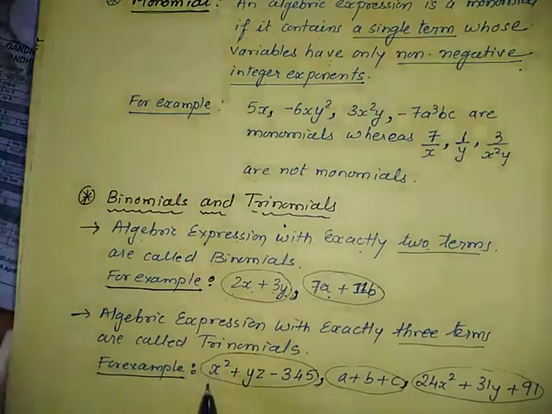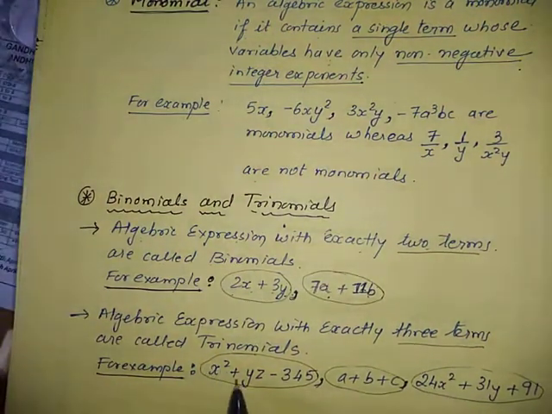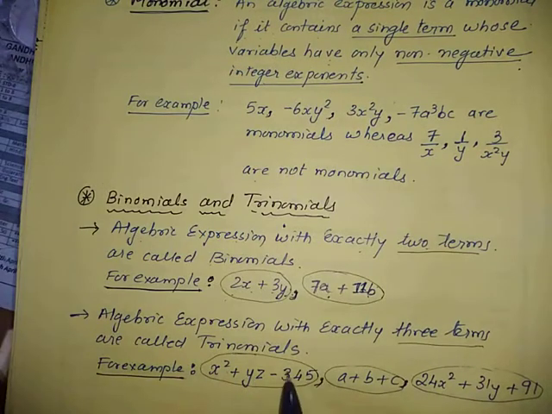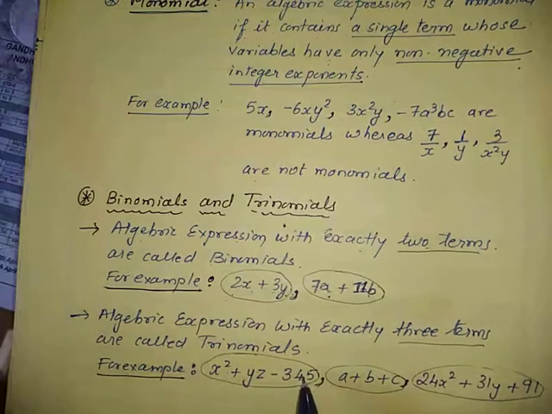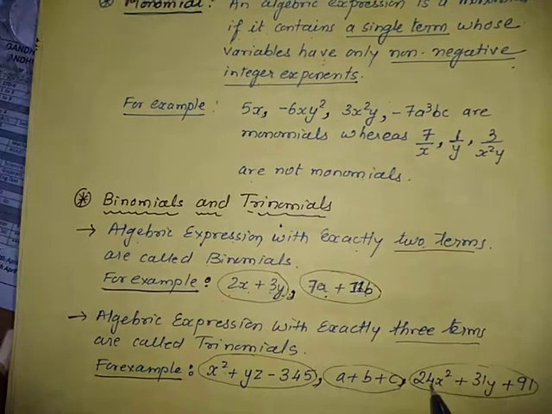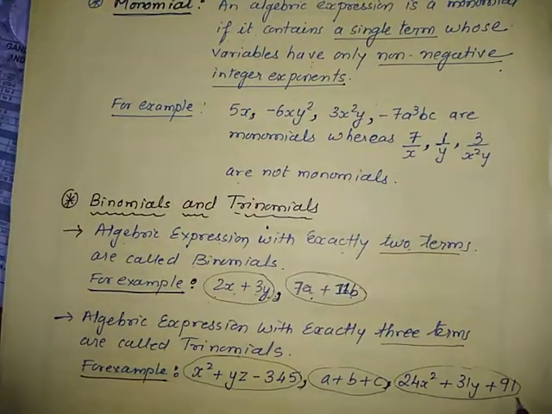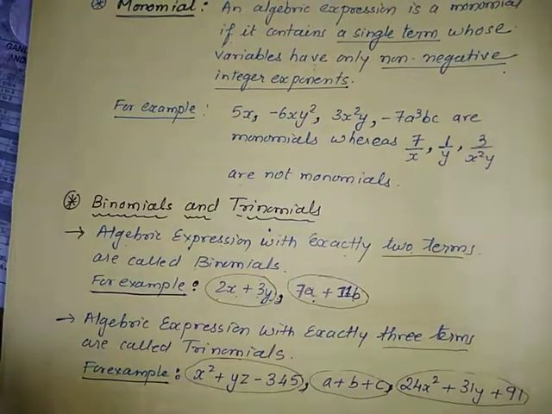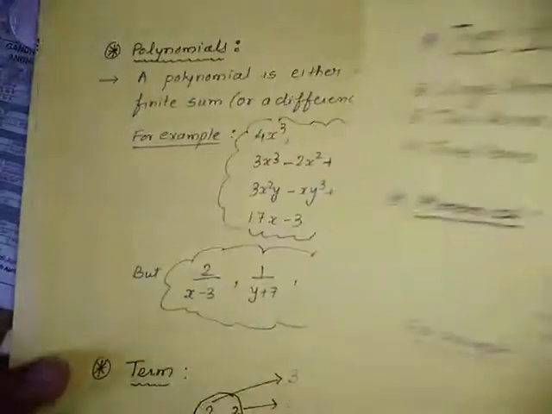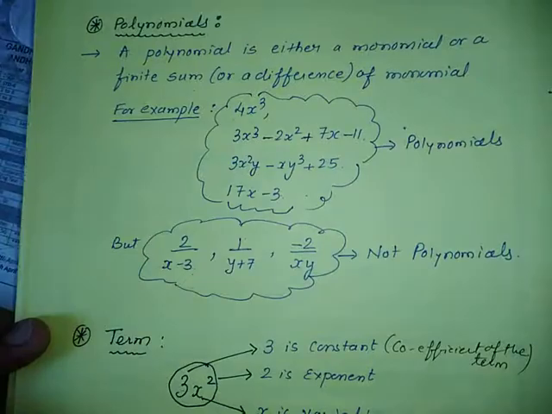For example, x square plus yz plus 345. They are called trinomials. Clear? And abc, and 24x square plus y, 31y plus 91 is also a trinomial. We learn something new about polynomials in the next lecture.